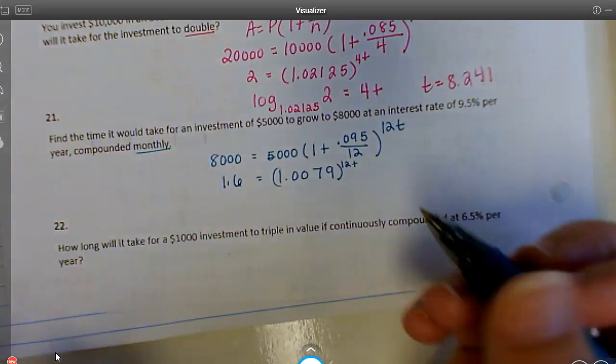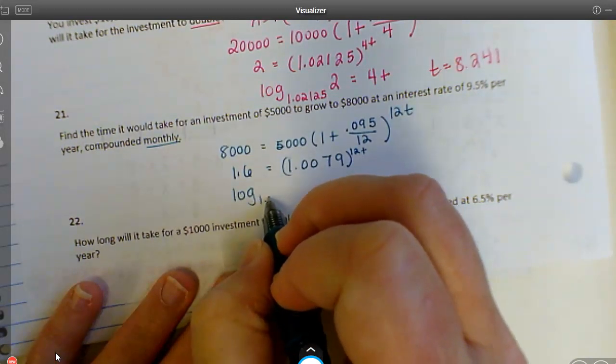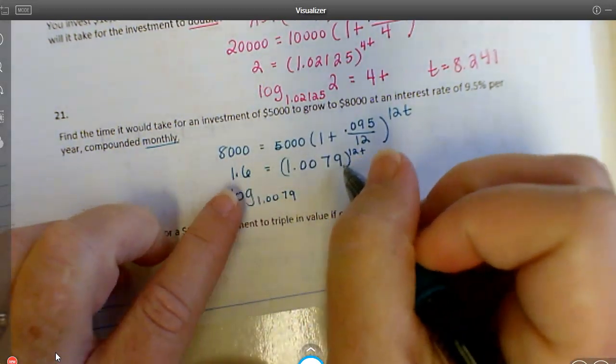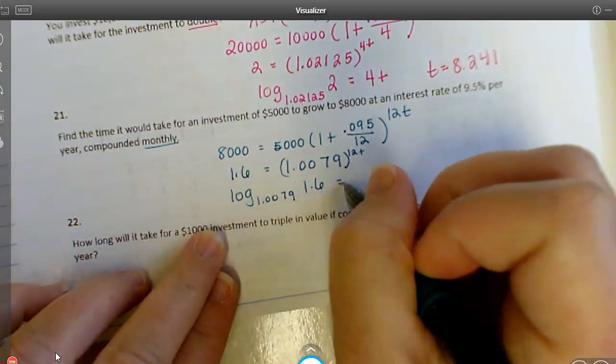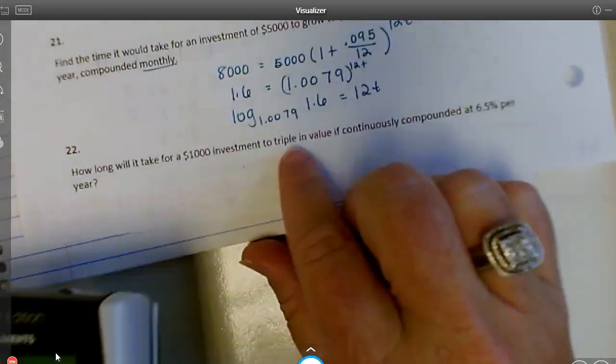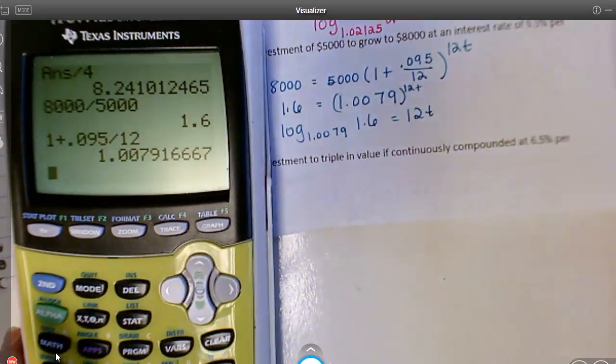From there, we're going to rewrite it in log form. And that thing in parentheses, that's our base. And then we're doing it of their answer equals 12t. I want to show you in your calculator how you can use that whole decimal. So look here for just a second.